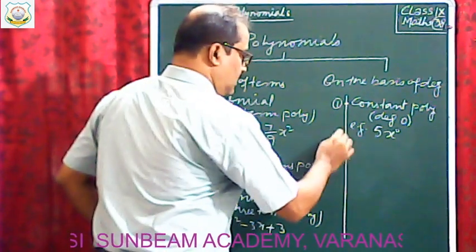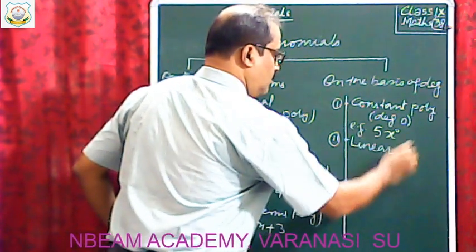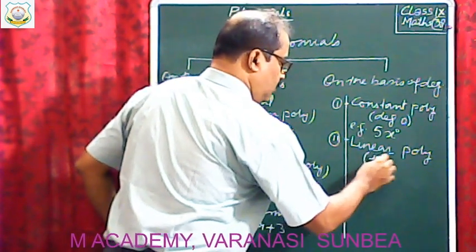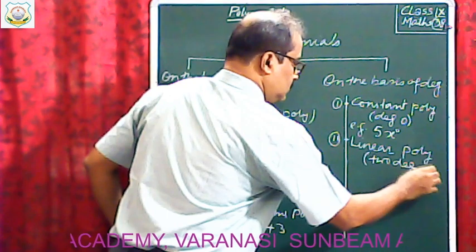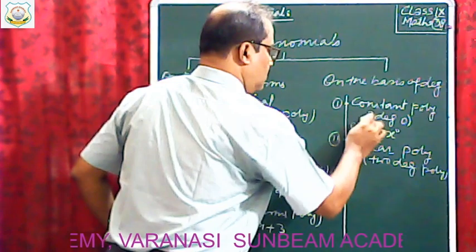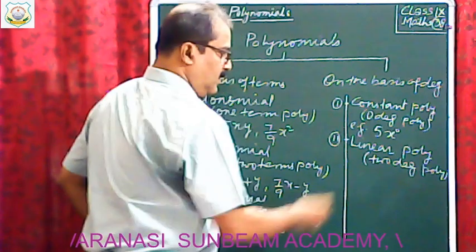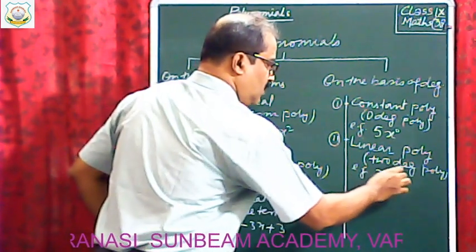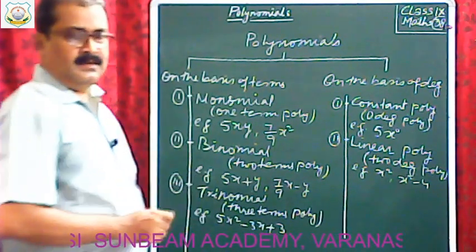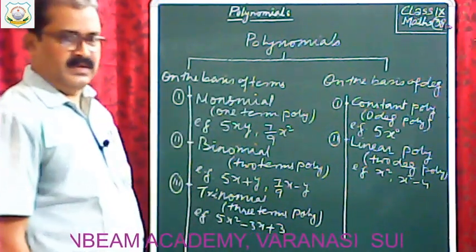Second is linear polynomial. For example, only x or x minus 4, whatever. You have to check the degree only, not the number of terms, in case of classification on the basis of degree.